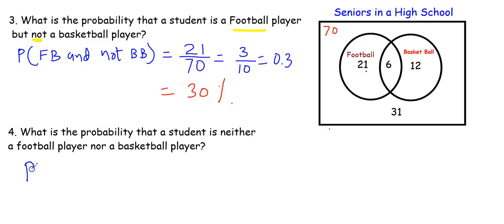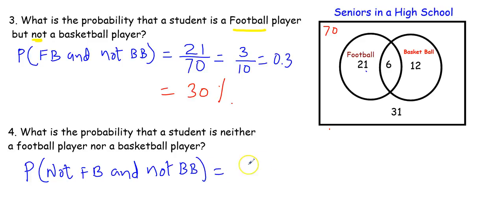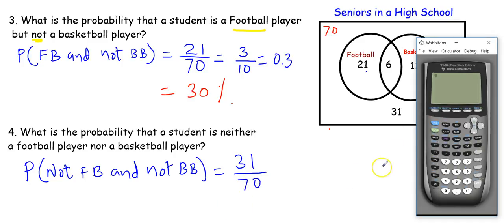I'll write probability of not football and not playing basketball. That is 31 over 70. Now let us use the calculator: 31 divided by 70 is equal to 0.4429.